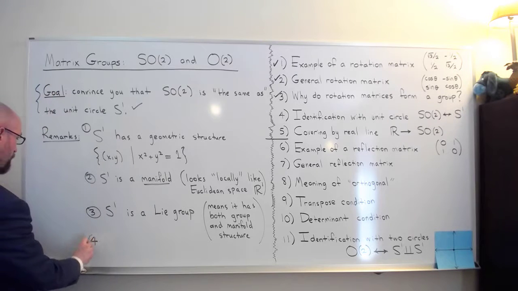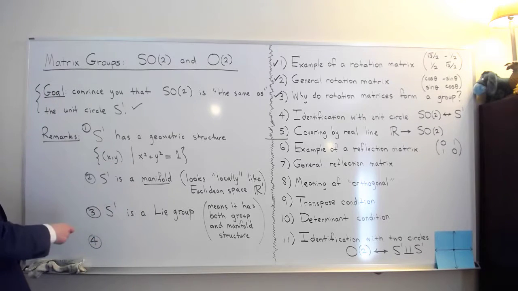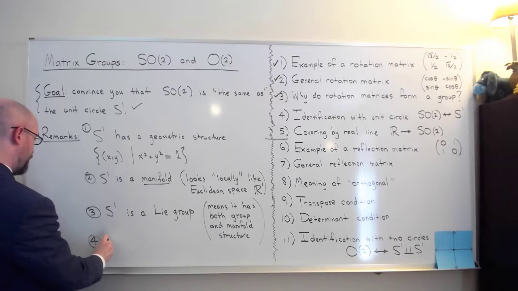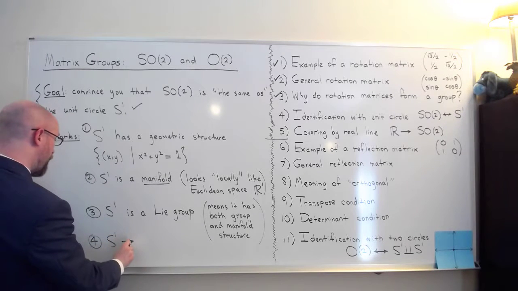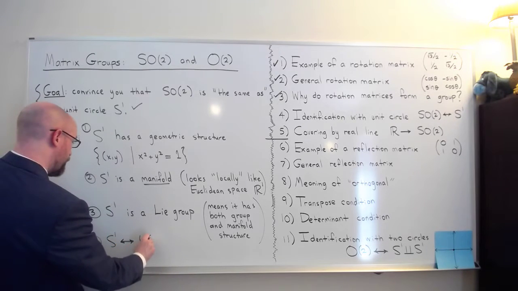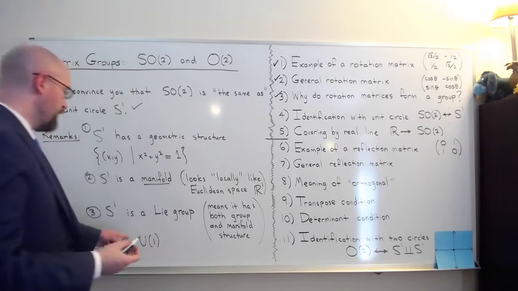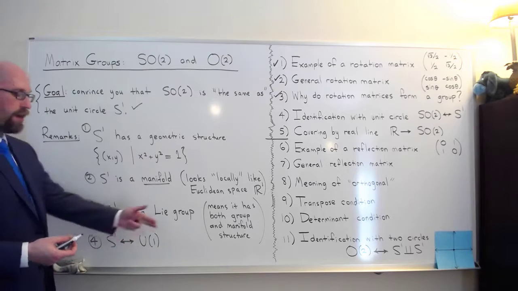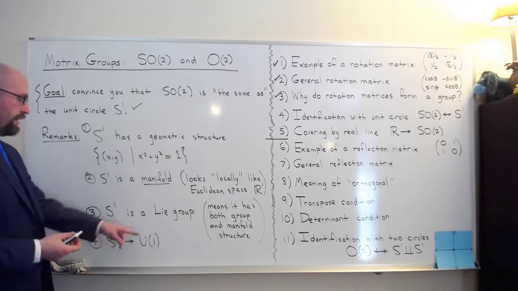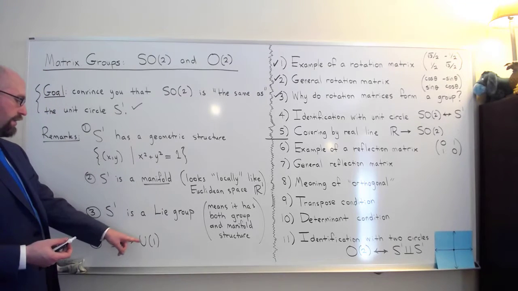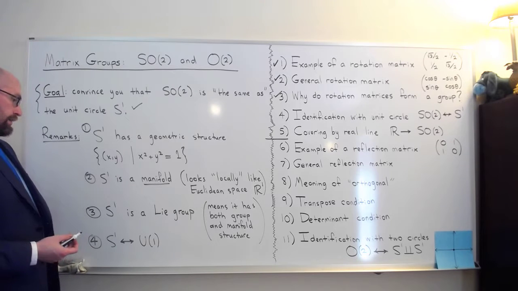One more remark I'll make, and then we'll call it quits with this particular video. S1 can also be identified with the unitary group U1. Now, I haven't told you about unitary groups, but we may talk about it at some later point, and you can always look at it if you want to.